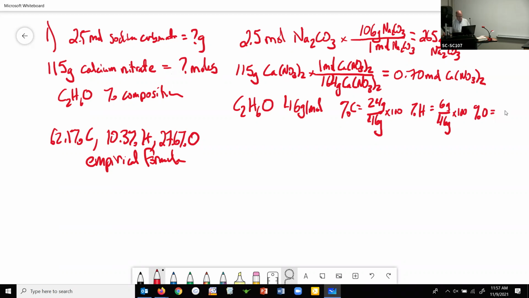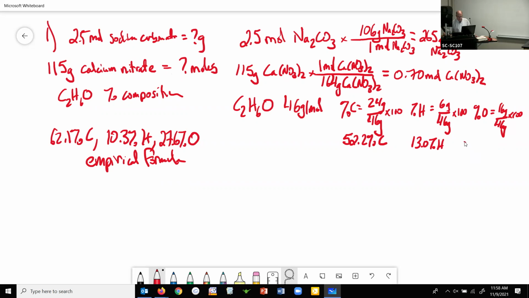So you have to make it to the space. So for that first one, first you have to figure out the ratio of sodium to carbonate.